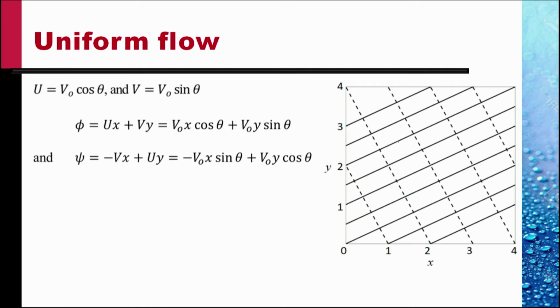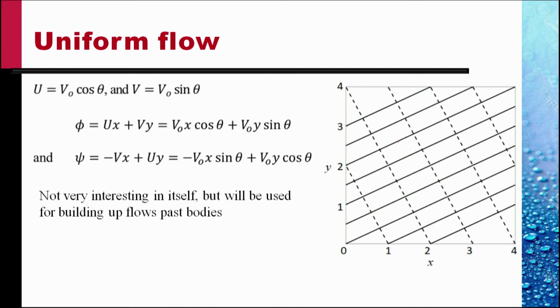The solid lines represent the streamlines, the lines of constant psi, and the broken lines are the potential lines, the lines of constant phi, constant velocity potentials. This is not very interesting in itself, but will be used for building up flows past bodies in 2 dimensions.